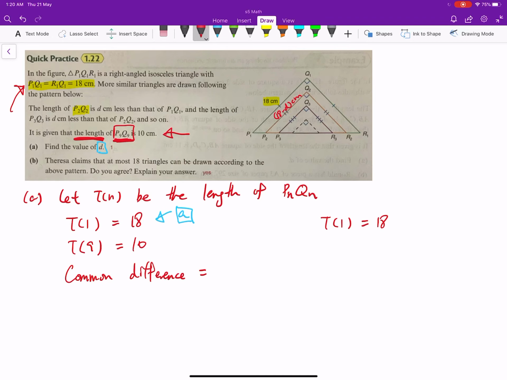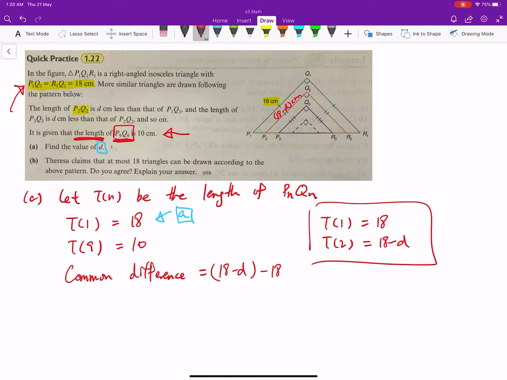So what is the second term? It is T2, right? So T2 is 18 minus D. We just figured this out in the figure already. The common difference is the second one minus the first one, so T2 minus T1, 18 minus D minus 18, and you get negative D. Negative D is the common difference.